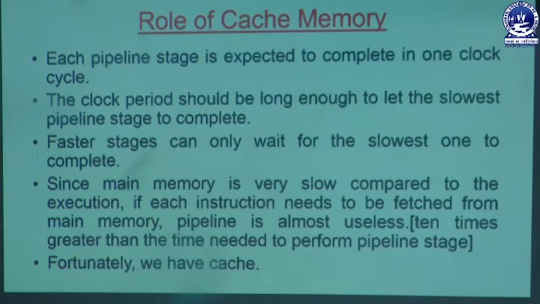This makes it possible to divide instruction fetching and processing into steps that are more or less equal in duration, and then each of these steps is performed by a different pipeline stage, and the clock cycle will be chosen accordingly. So that is the role of cache memory.